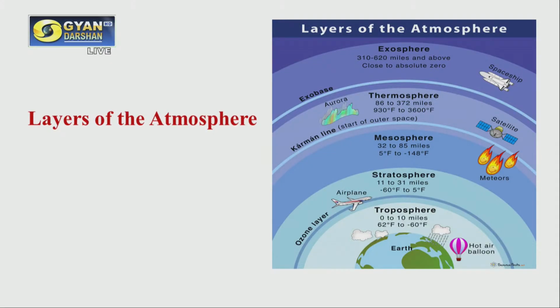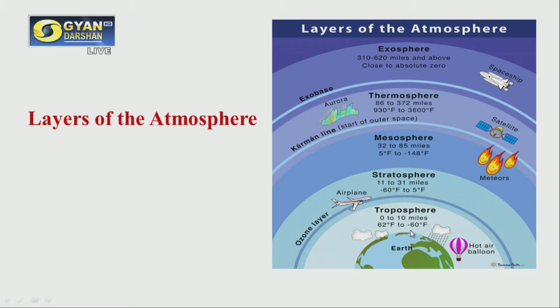Let us see this graphics. This shows the different layers of our atmosphere. As we see here, starting from the Earth's surface, up to a height of around 10 miles, the troposphere exists.